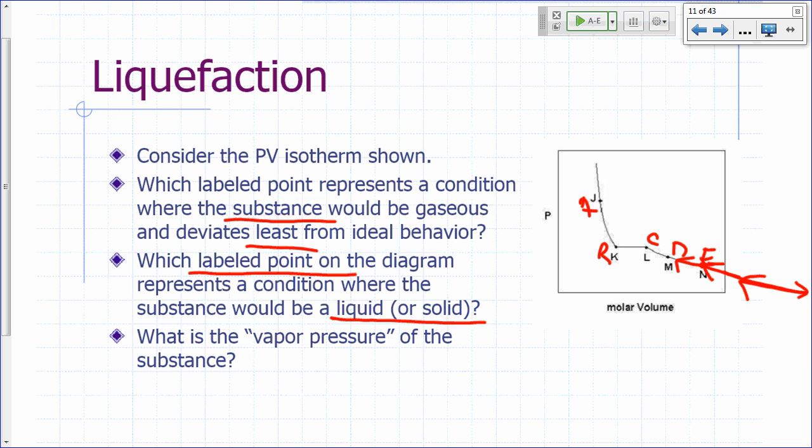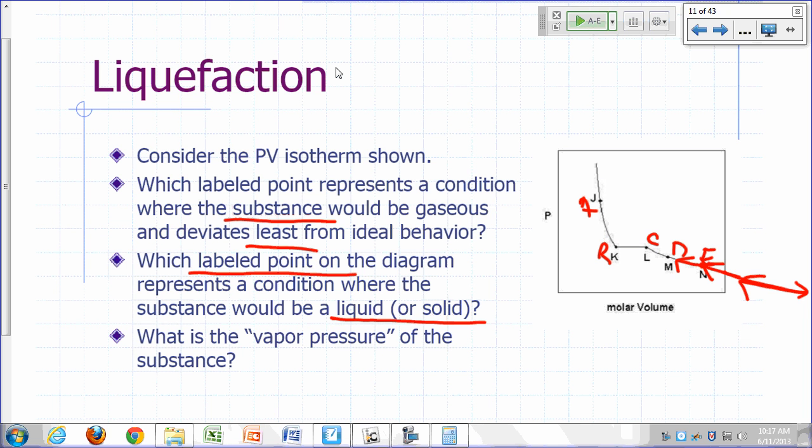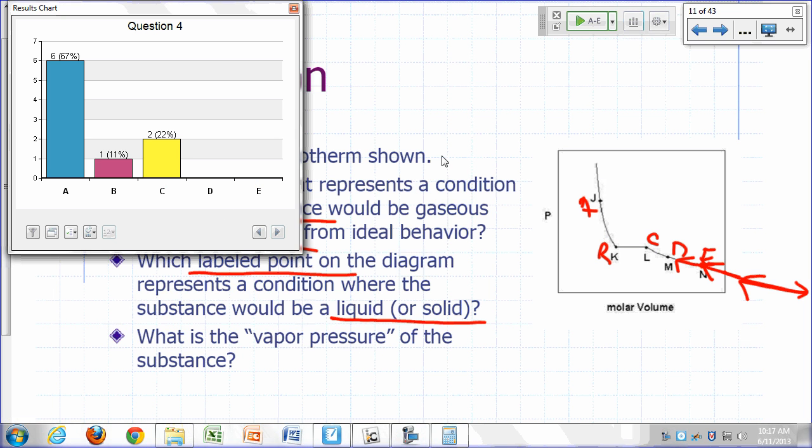The whole thing is either a solid or a liquid. A, B, C, D, or E. Very good, point A.